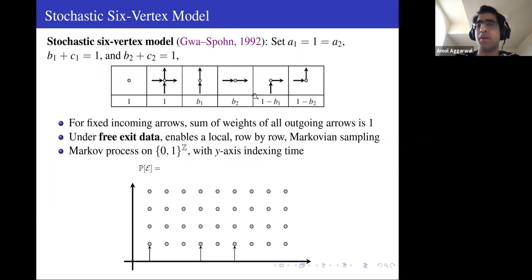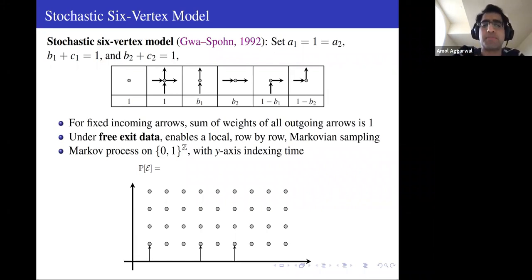So here you're seeing that B1 plus 1 minus B1 is 1. Likewise here, the B2 and the C2 weights both have 1 horizontal arrow incoming, and their sum of the weights is equal to 1. Of the remaining 2, you only have 1 vertex in which no arrows come in, that has weight 1, and you only have 1 vertex where 2 arrows come in, and that also has weight 1.